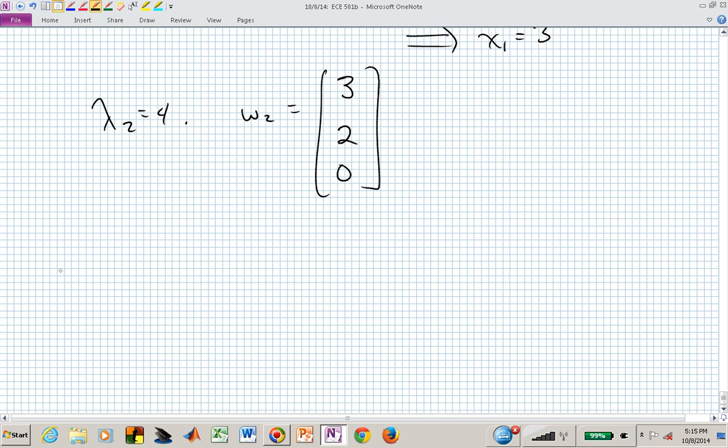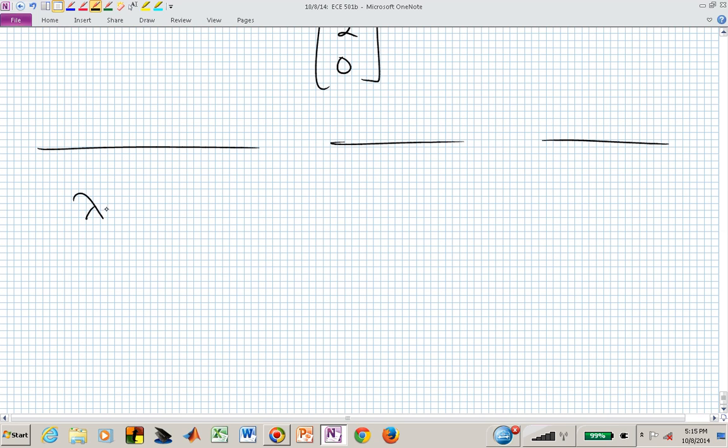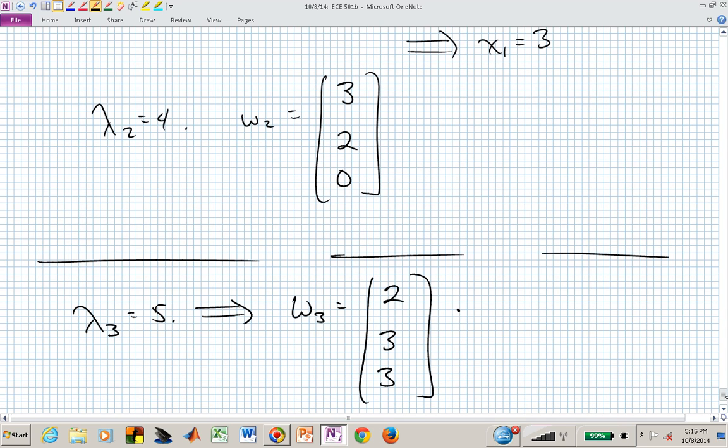And has anybody already built the third eigenvector? I'll give you the answer and you can verify it tonight. With lambda sub 3 equal to 5, that will give you a direction for the eigenvector that is 2, 3, and 3. And I hope that it's clear that W sub 3 has a non-zero third coordinate.